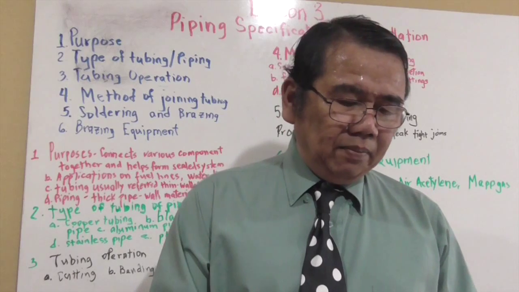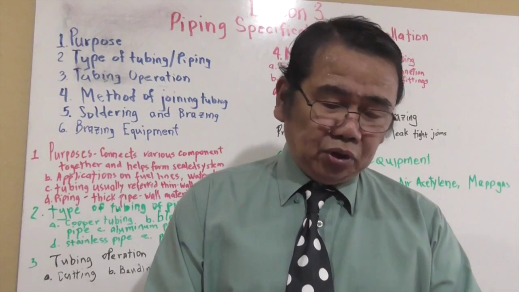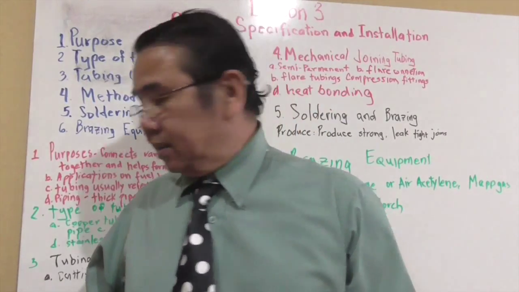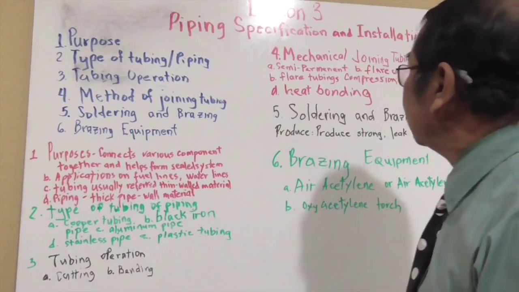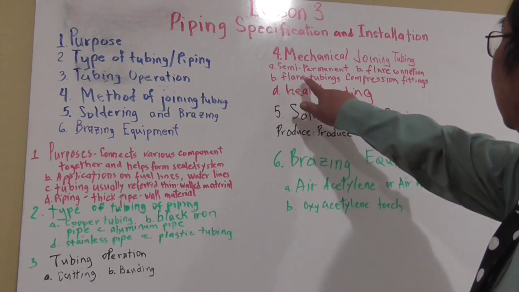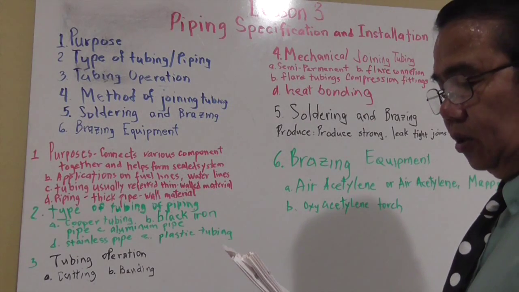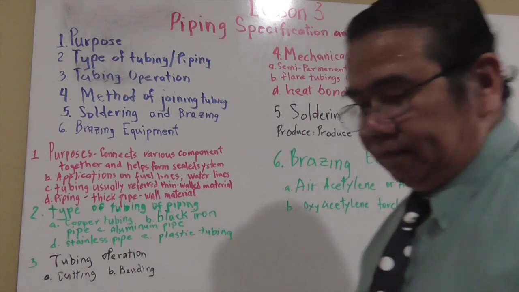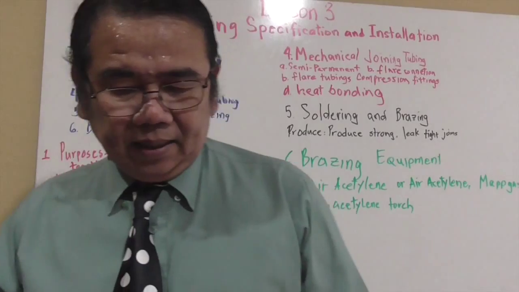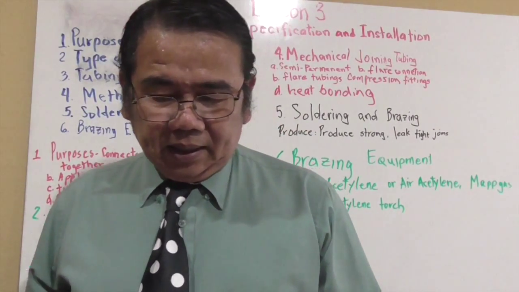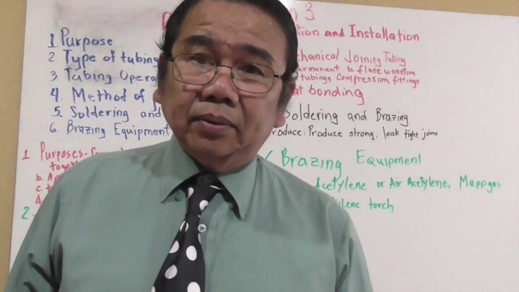Now we're going to discuss methods of joining tubing. We have mechanical couplings, which are semi-permanent. They can be mechanically disassembled.